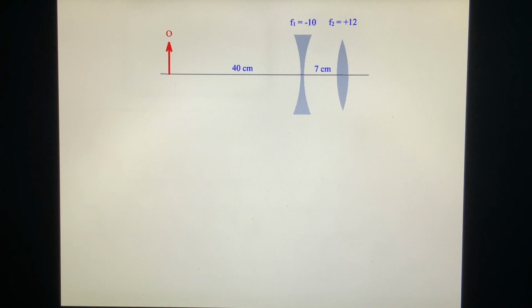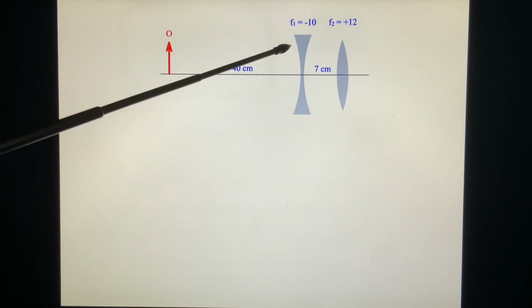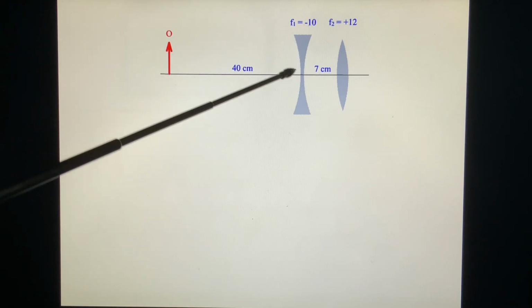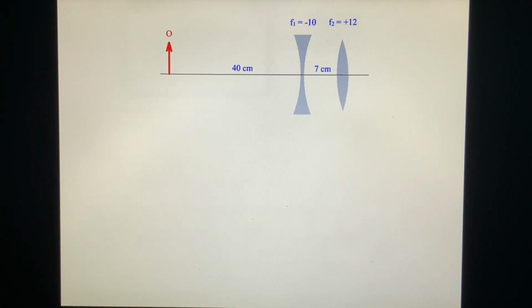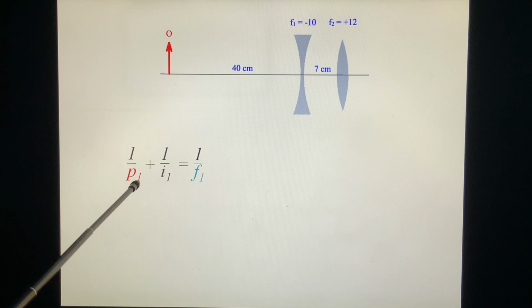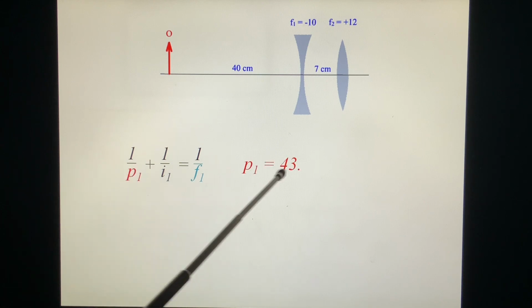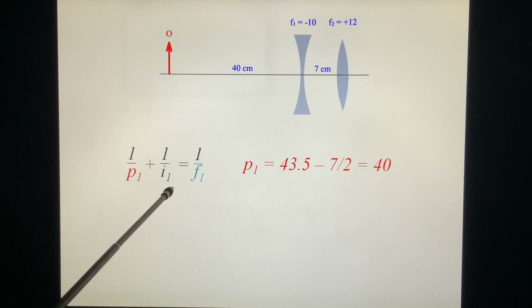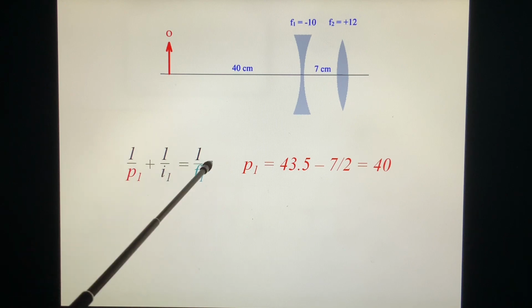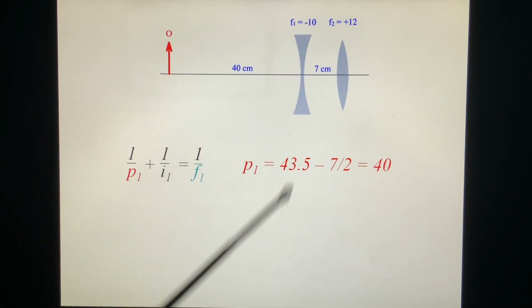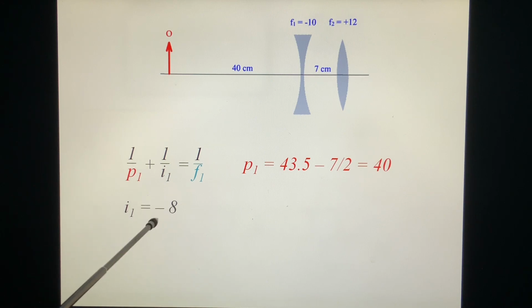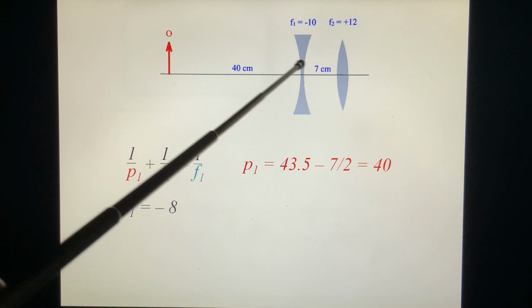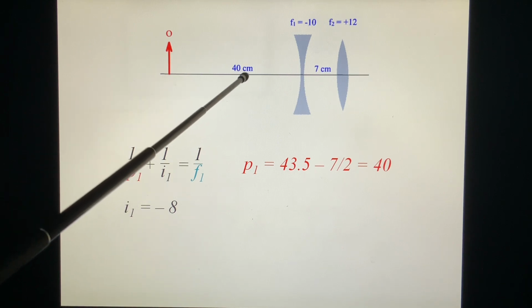Now we come to another situation. This is a convex lens in front. So in this case, P1, the same thing, is equal to 40 centimeter. I1, I don't know, F1 is minus 10, so we get I1. I1 is minus A, it must be is in the virtual side, this side, it is here, okay.